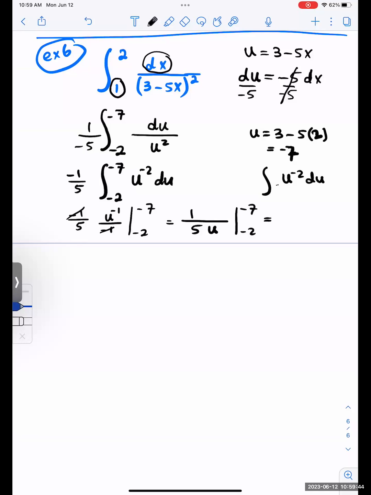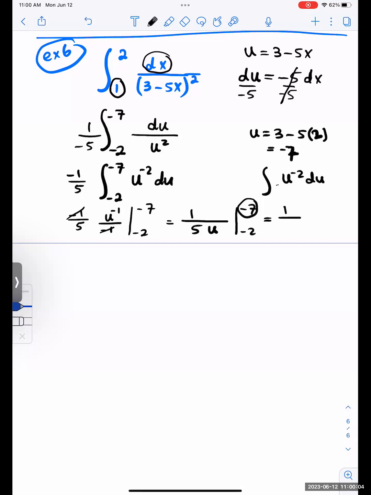If you put 1, it's going to be negative 2. If you replace x by 1, 3 minus 5 is negative 2. Okay, so that's 1 over, replacing the upper.